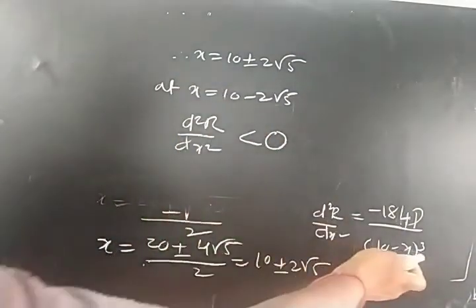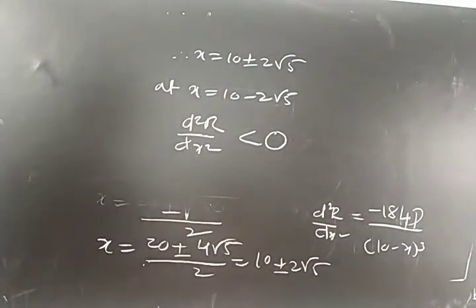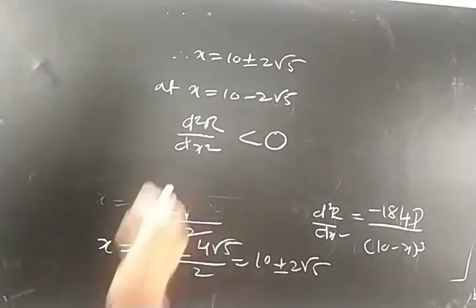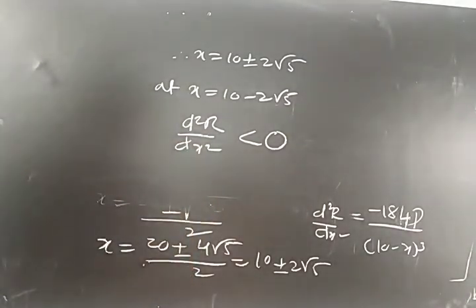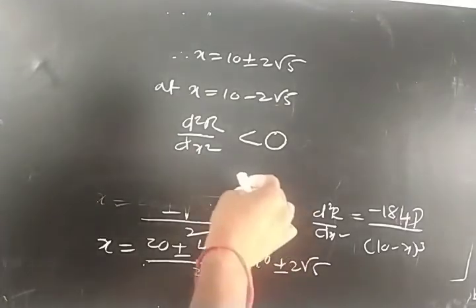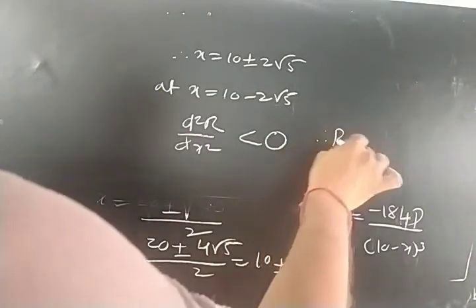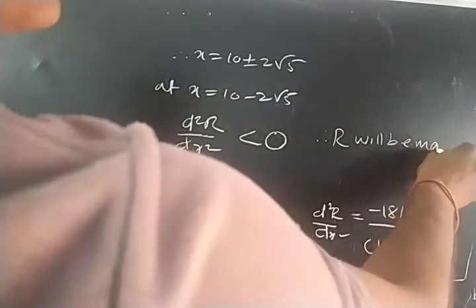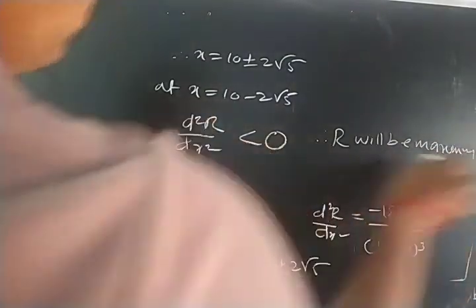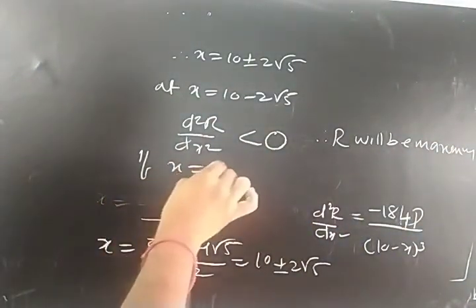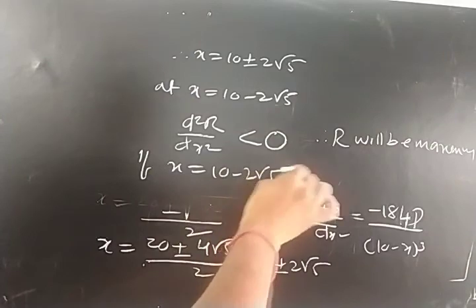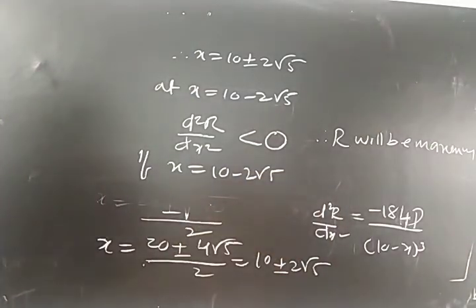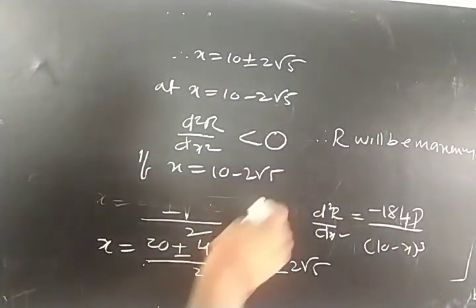That means R has maximum value. Therefore, we can write R will be maximum if x equal to 10 minus 2 root 5.